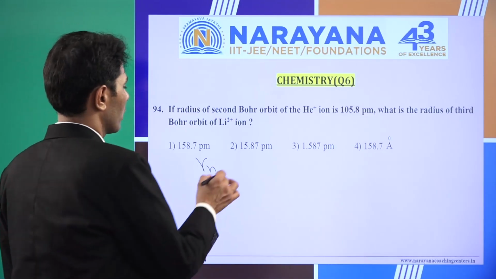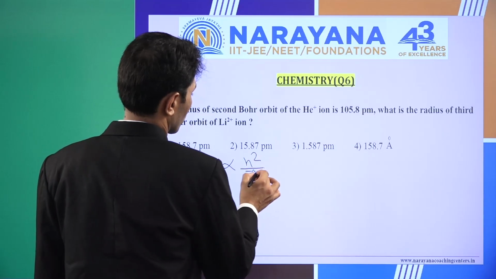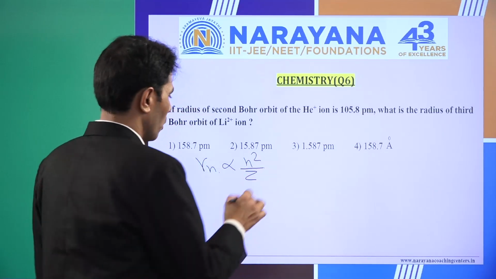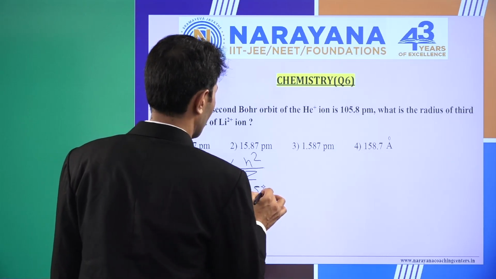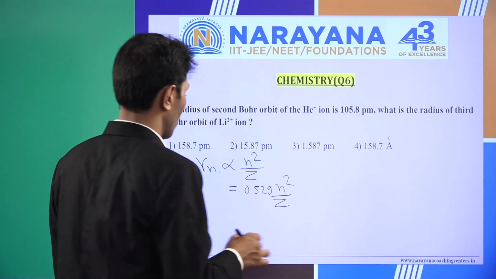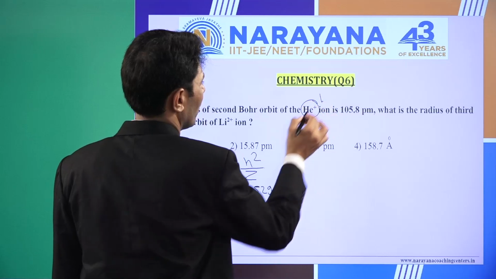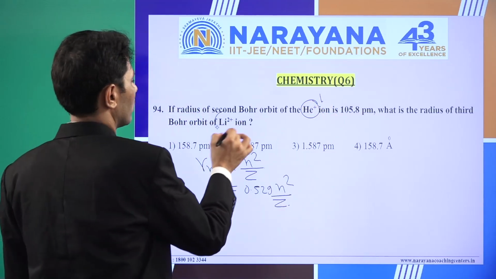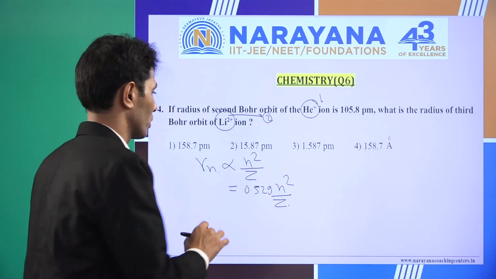It is directly proportional to n square and inversely proportional to Z. Or you also know it is 0.529 n square over Z. Suppose I say helium is 1 and lithium is 2, just symbolically.